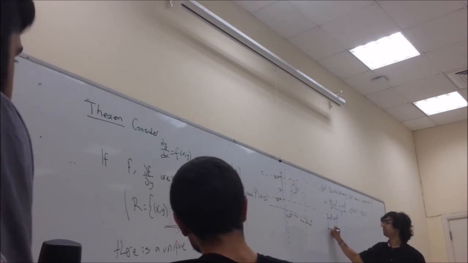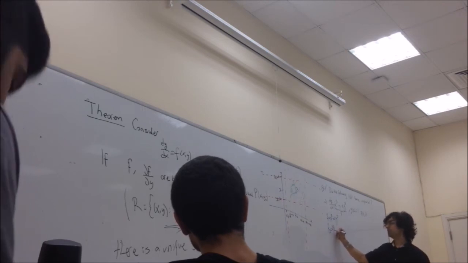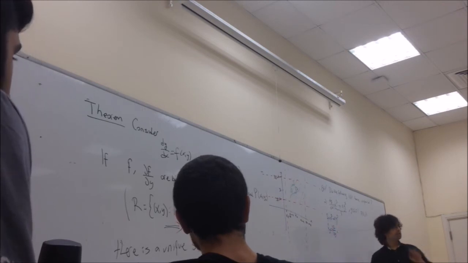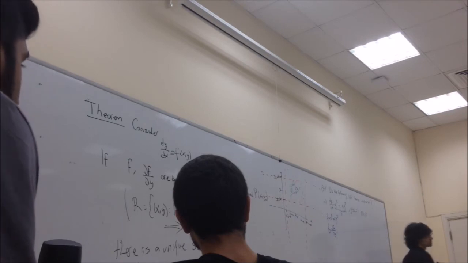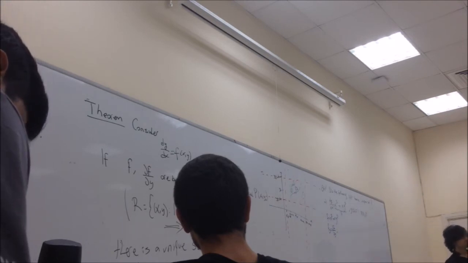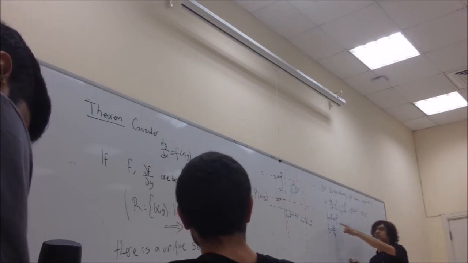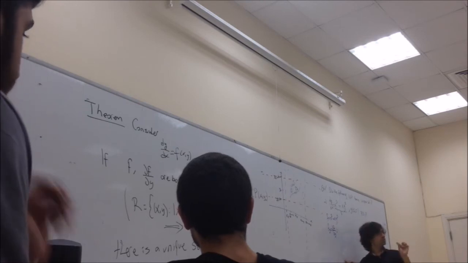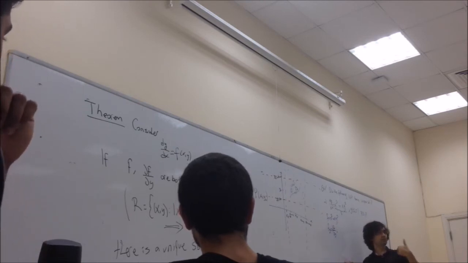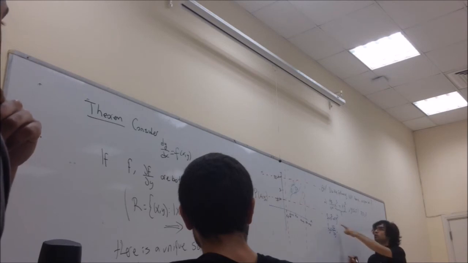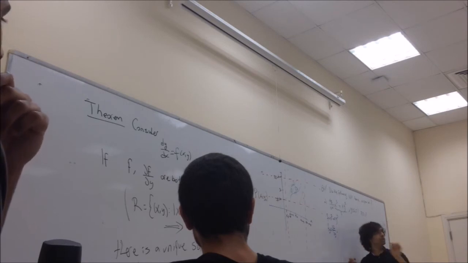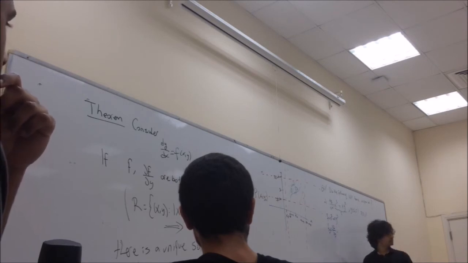Now, what is f_y, or you could write ∂f/∂y? This means the derivative of f with respect to y. In other words, you differentiate this function, but you treat y as your variable, therefore you have to treat x as a constant.